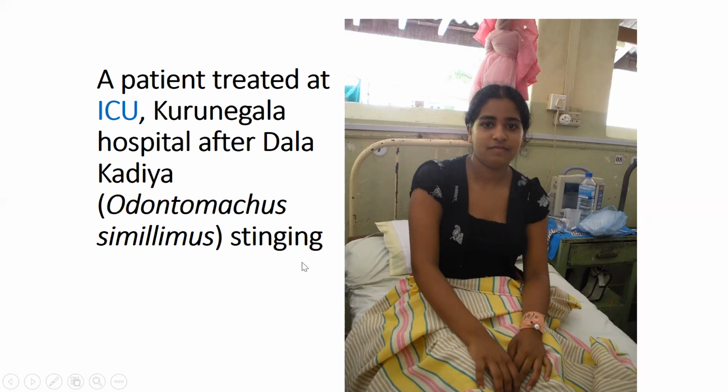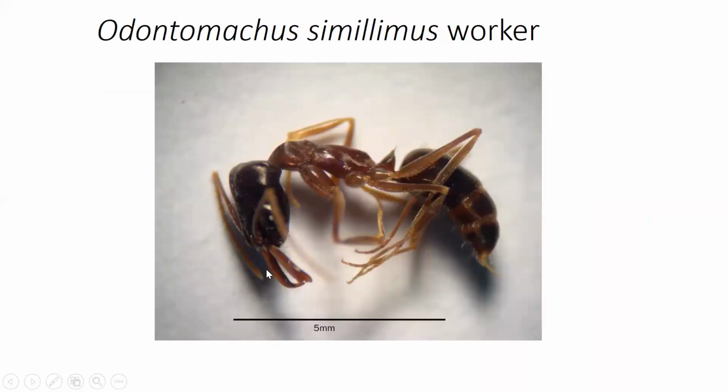I met this girl at Kurunegala Hospital because she was hospitalized after this Odontomachus simillimus stinging. Odontomachus is one ponerine ant seen on the ground everywhere, even in your home garden. Be careful if it is around. You can see that it has these elongate appendages called mandibles, but they don't bite.